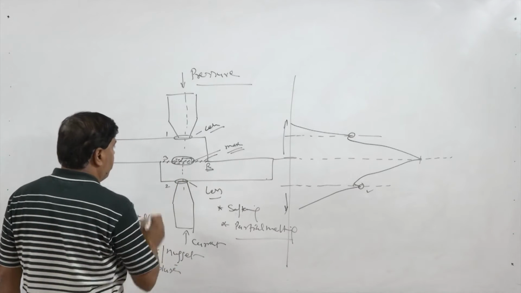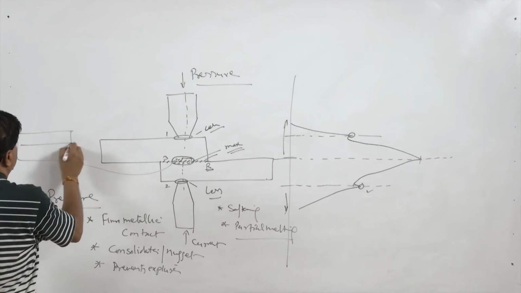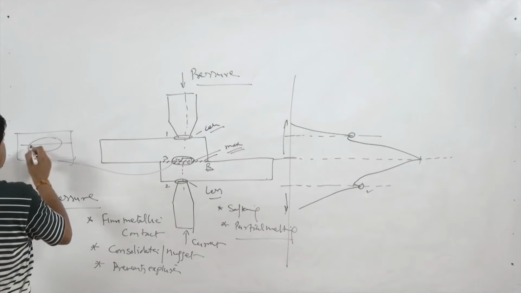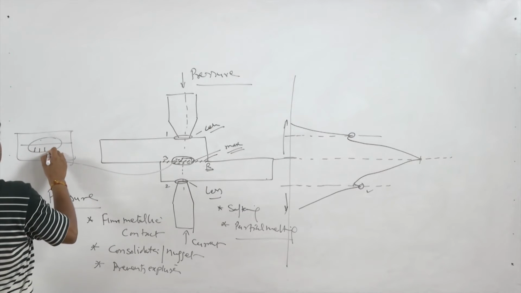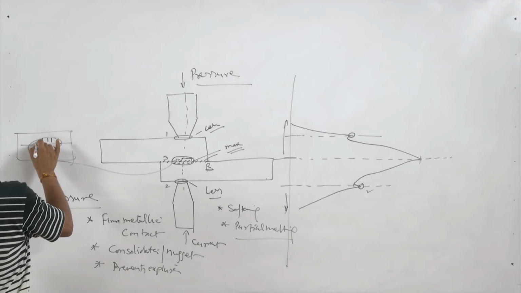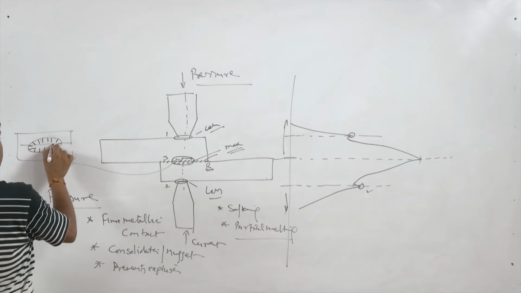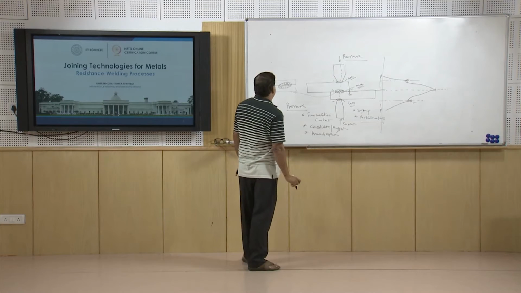So, this portion, if we see in magnified form like this, this is the fused portion which will solidify, and this solidification takes place through these columnar grains normally, and here we will see that the equiaxed grain structure is formed.